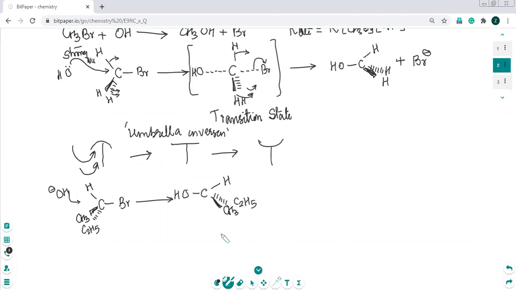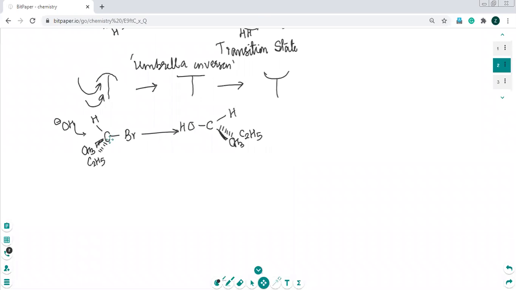Now we have studied RS configuration. Can you check the RS configuration here? What is the RS configuration of this molecule? Is this R or S? For that purpose, you have to bring the hydrogen to the backside.